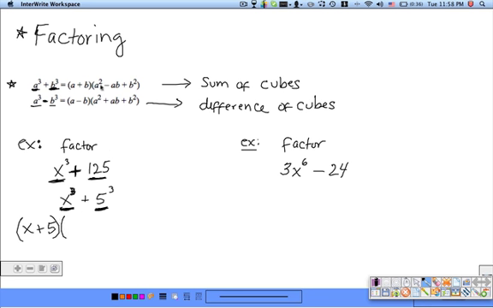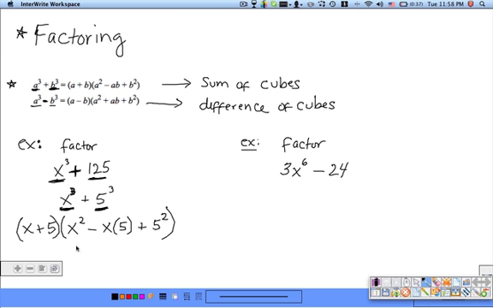And then we go up to here, A squared. So A is X squared, minus AB up here. So minus A, which is X, I'll clean it up later, times B, which is 5. Lastly, plus B squared. So plus B, which is 5, squared.